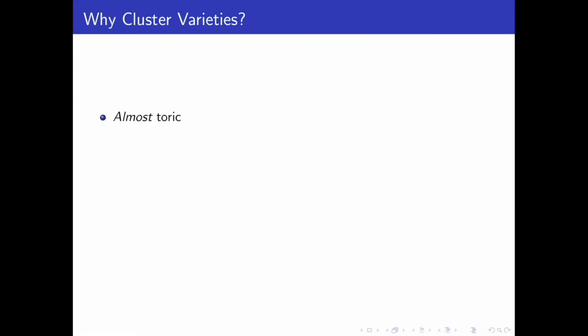Okay, so why would we look at cluster varieties? It seems like a very simple construction, and there's no reason to really hope that this will be something important in mathematics, but it turns out that it is. The first reason to look at them is just that they are simple.